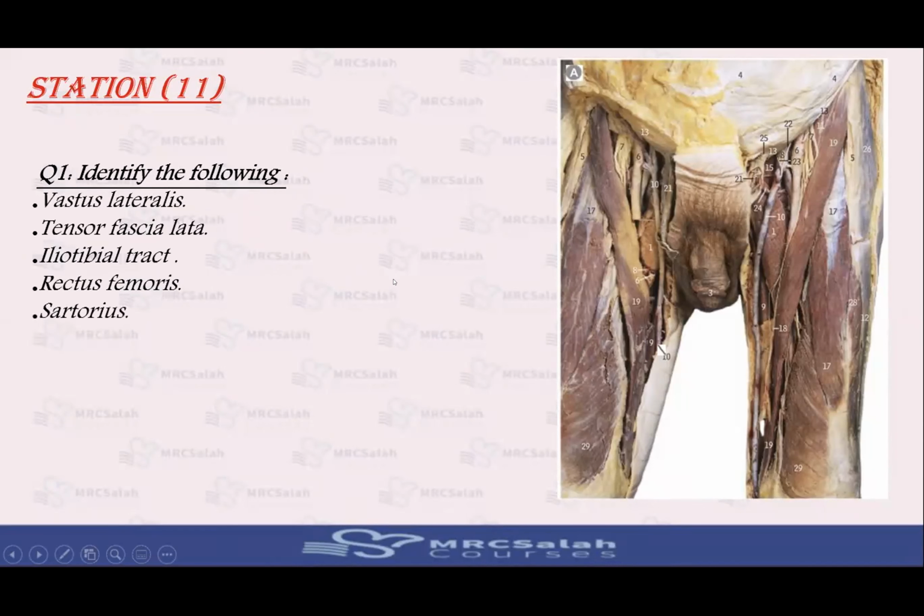The sartorius is 19. The femoral artery is 6. The femoral vein is 8. The femoral nerve is 7. Perfect.